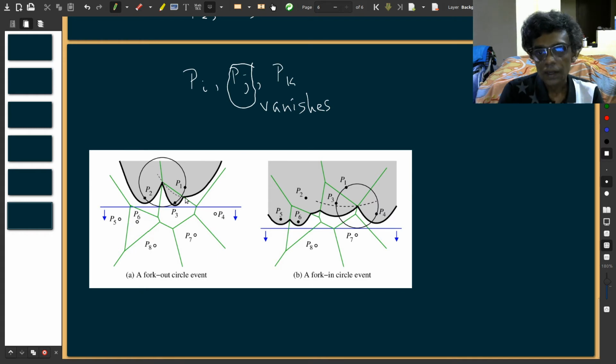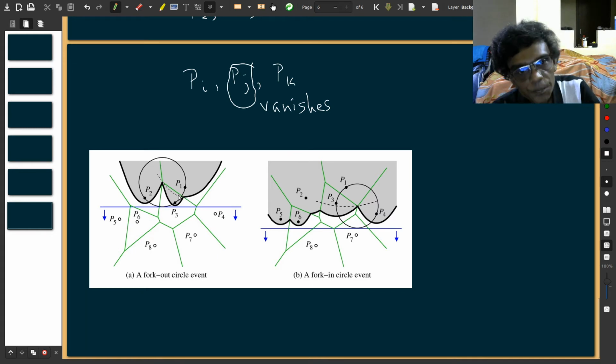Okay. We have another situation where two arcs may join and subsequently proceed as a single line. So this is called fork in because this forks into only one line segment.